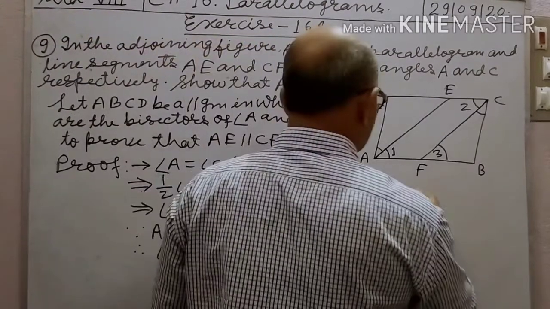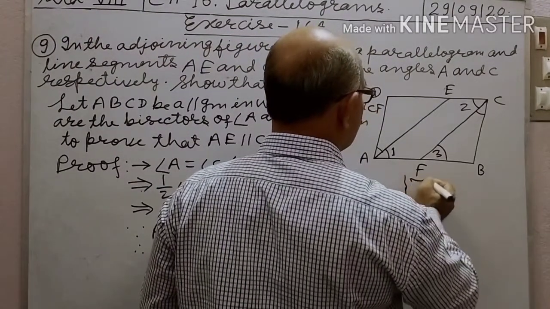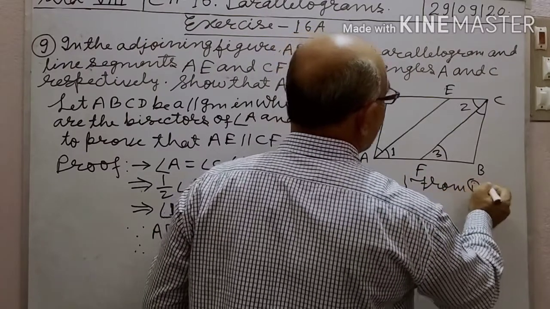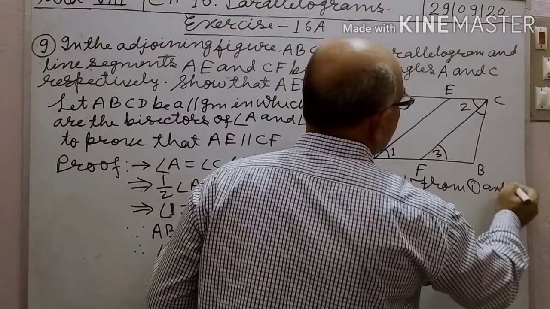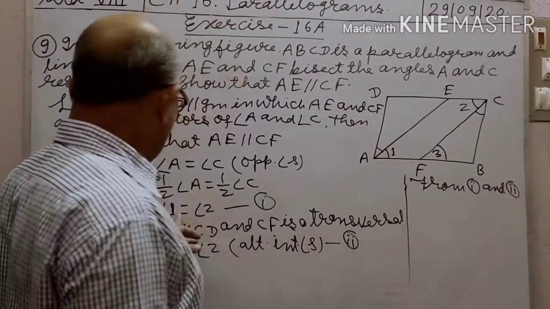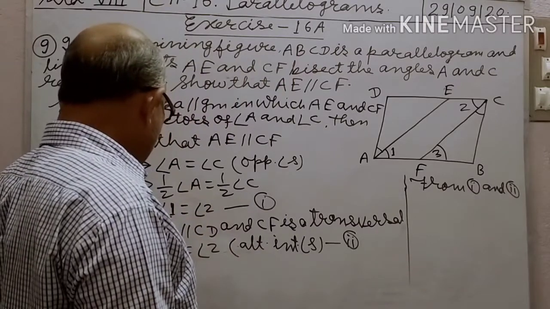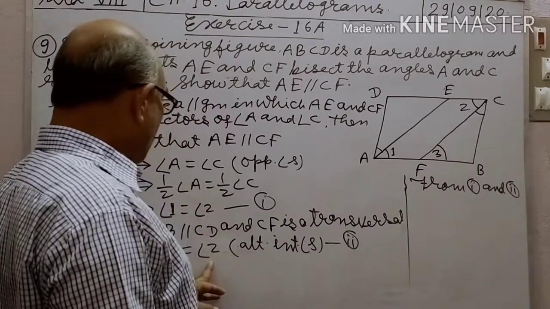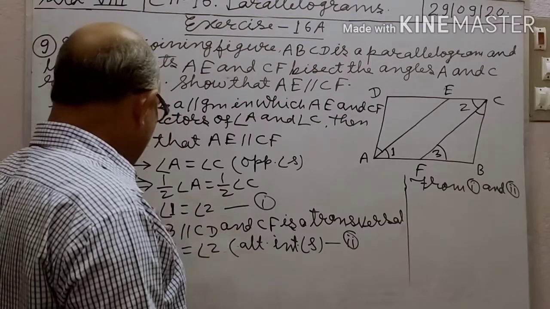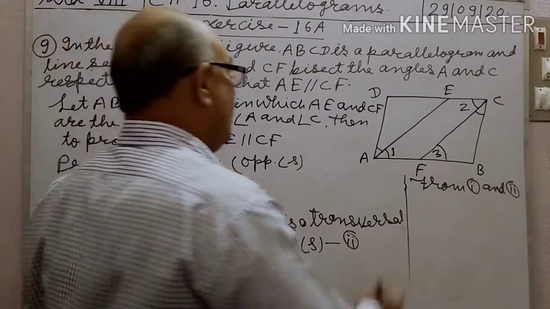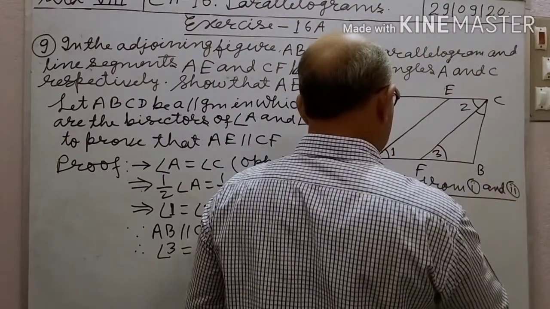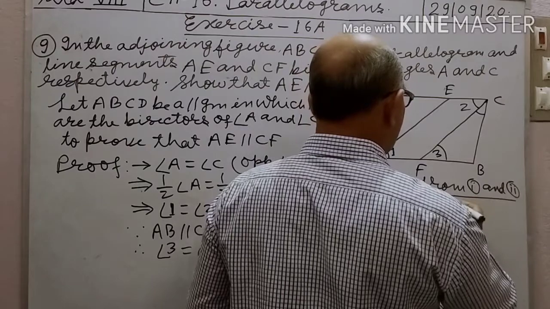Now from equations 1 and 2, students: equation 1, angle 1 equals angle 2. Equation 2, angle 3 equals angle 2. So angle 2 is equal to both angle 1 and angle 3. Angle 1 equals angle 3.